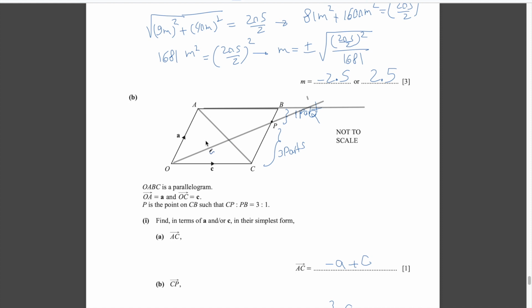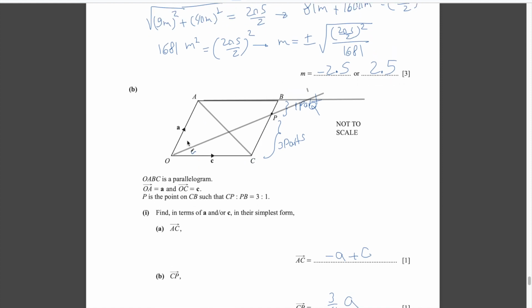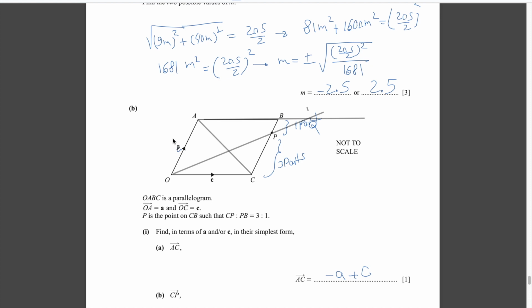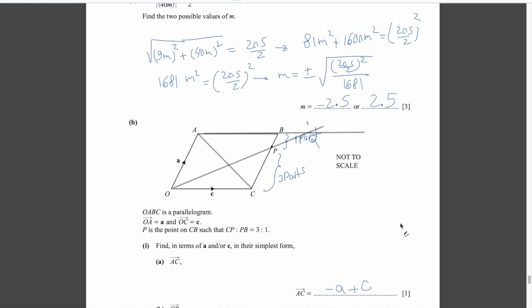Guys, as OABC is a parallelogram, CB is parallel to OA. So PB is parallel to OA. Now, let me write here, PB is parallel to OA. So it is 1 part out of 4 parts. So PB to OA is equal to 1 to 4.